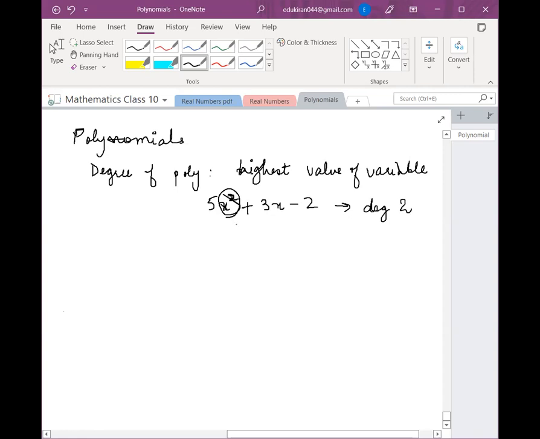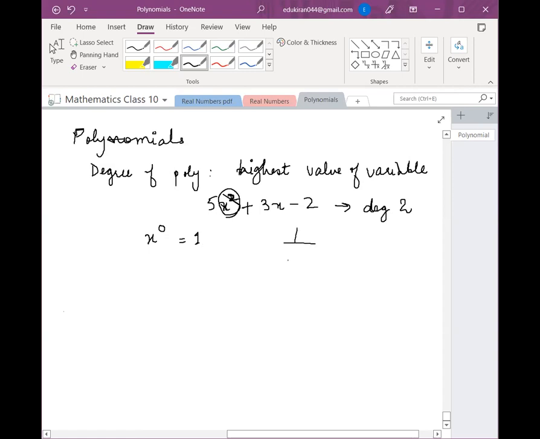Now, in a polynomial, the variable can have only powers that are whole numbers. Like x can have power 0, which means 1, since x to the power 0 means 1. It can have power 1, power 2, only whole numbers. It cannot have a power that is a fraction or a root.